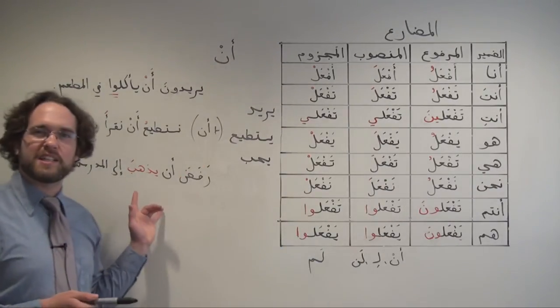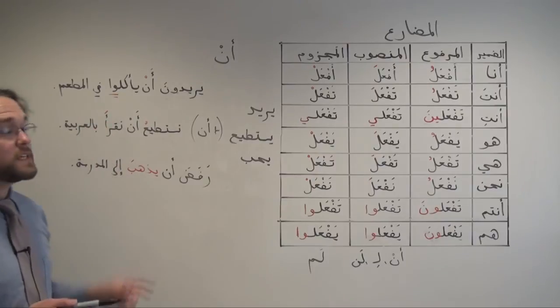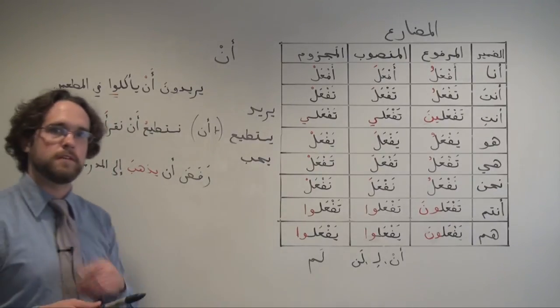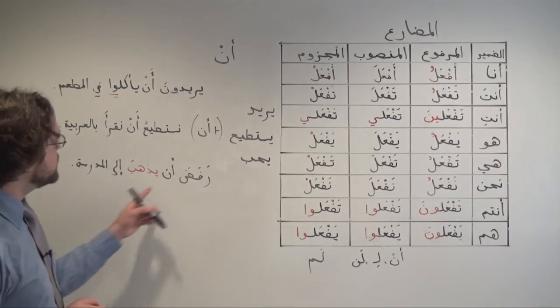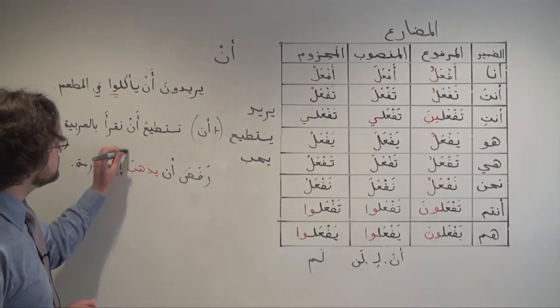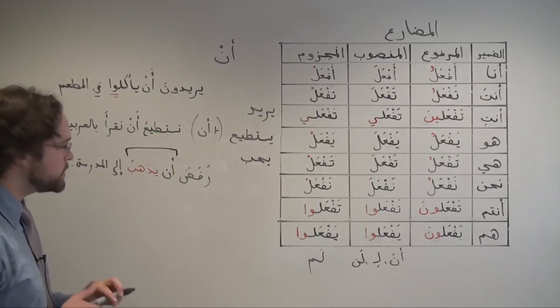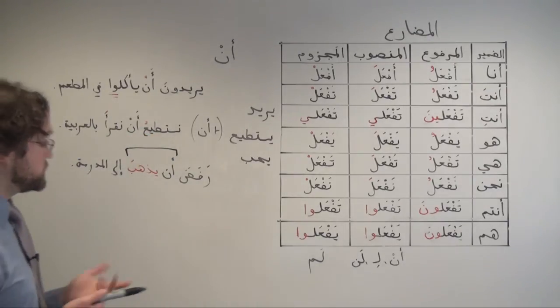You'll also notice that we can express these same ideas a lot of the time with a masdar, that verbal noun form. We have a couple videos on the masdar. If we wanted, we could, instead of using an and a conjugated verb in mudari' mansub, render it as a masdar form.